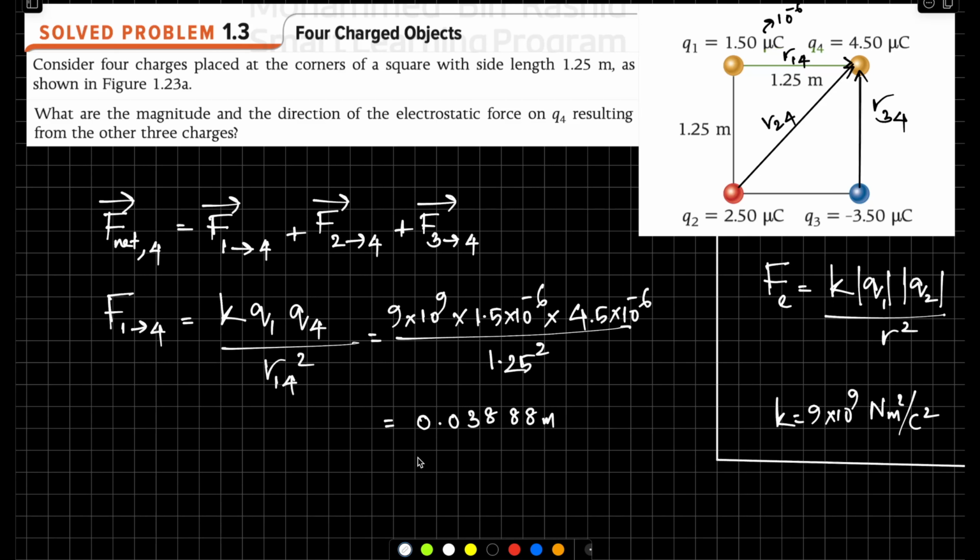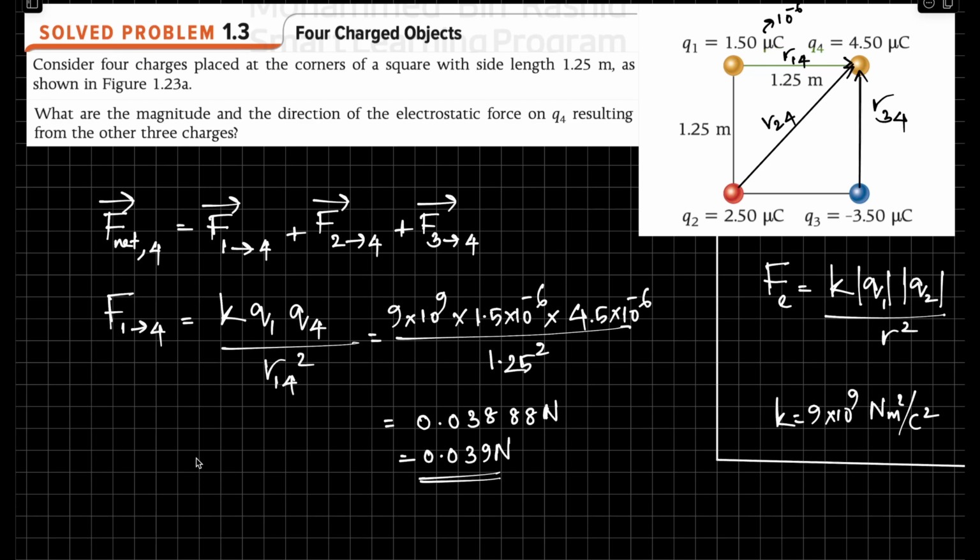Let's round it off to 0.039. Sorry, the unit is not meters. You find a force, right? The unit of force is newtons, so 0.039 newtons.